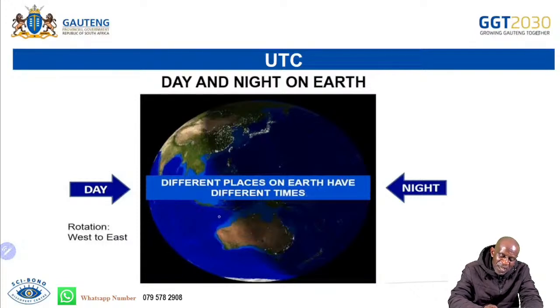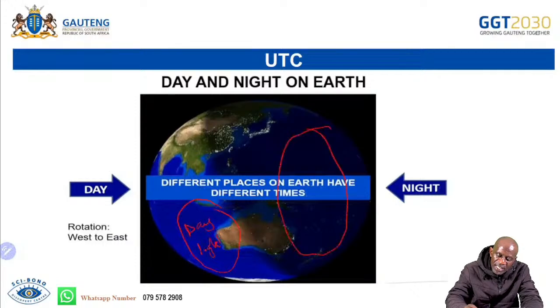As you can see, when it's daylight on this side, this part of the Earth is dark, and it is night. So you would agree with me that when it's daylight in some countries, it is night in the opposite half.